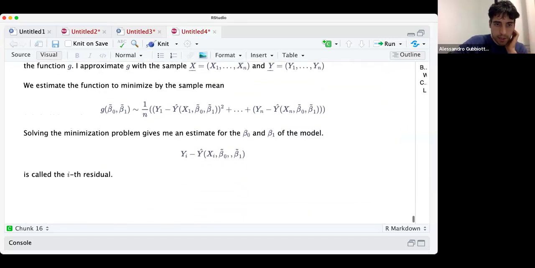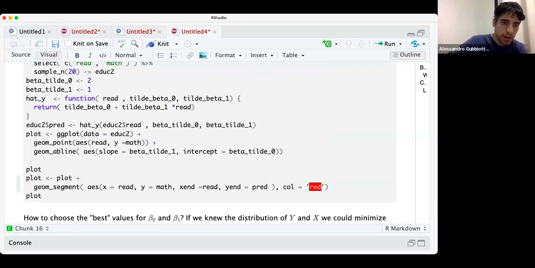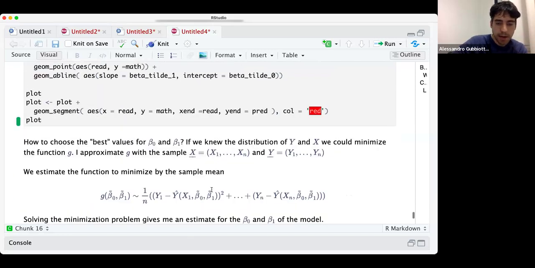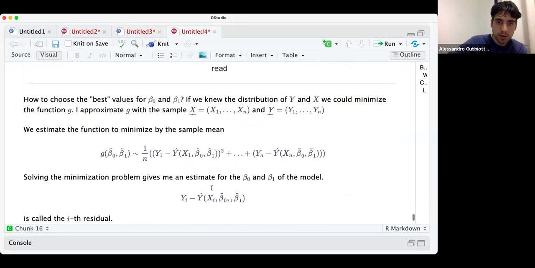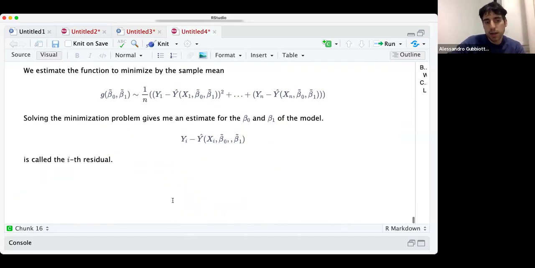However, we can minimize these residuals, and there are algorithms to do it. So the sum of these residuals has to be minimal. Let's do a linear regression. R has a command that is lm, linear model, and we place here the formula.